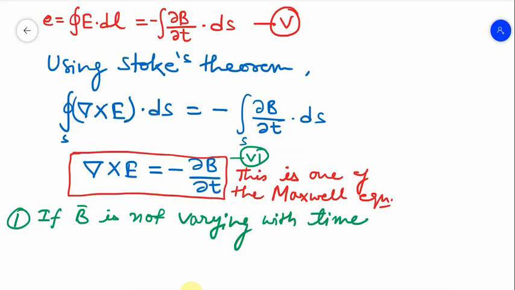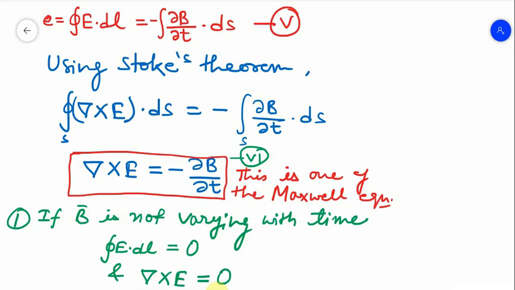So E dot dl equals 0. This is a very important derivation to consider: if B is not varying with time, then E dot dl equals 0, and also del cross E will be equal to 0.